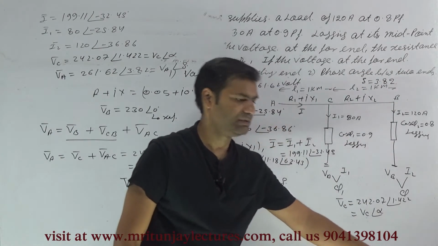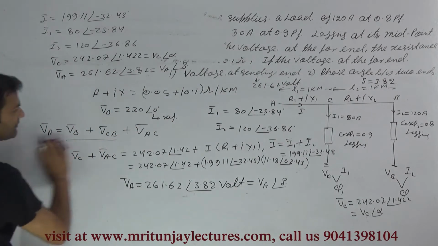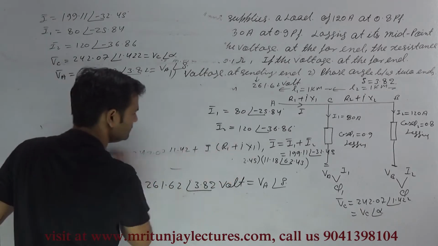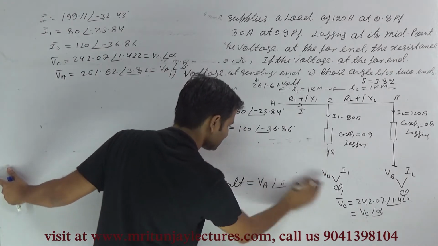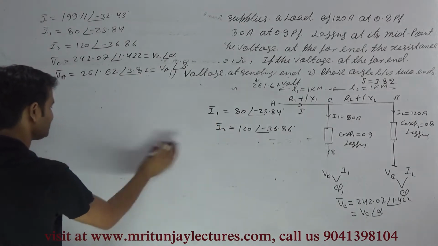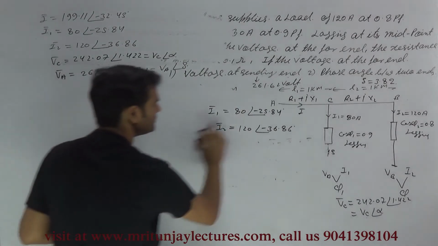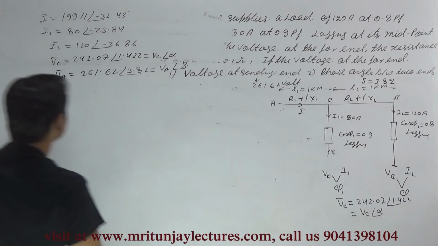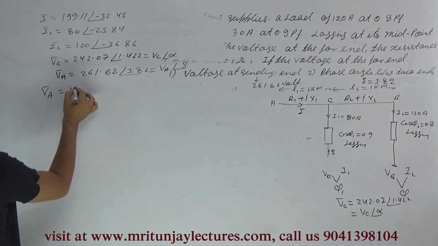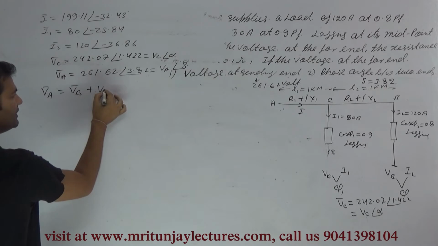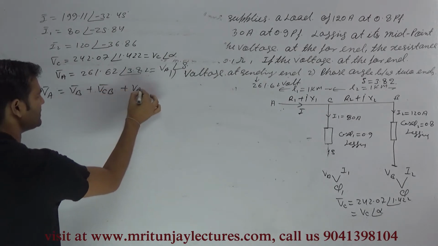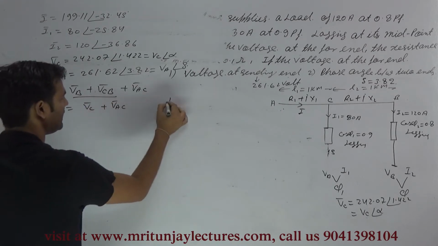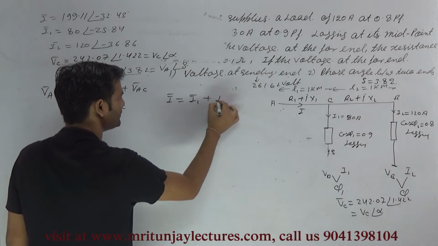If you want to make the phasor diagram, then we draw here. How to draw? See here, you know that VA is equal to VB plus V of CB plus V of AC, and I is I1 plus I2.